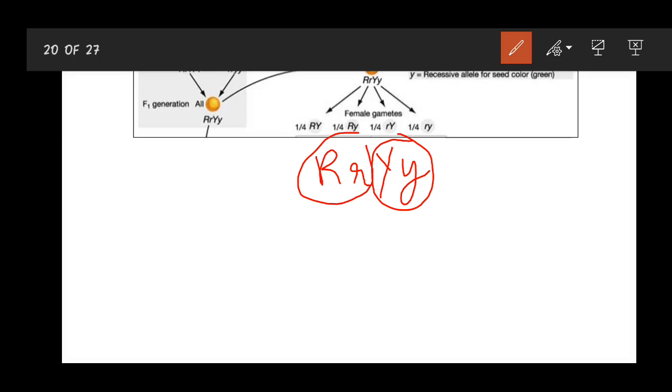We have 23 pairs of chromosomes, and that makes up 46, of which consider this is our first pair and this is our second pair, that is first chromosome and second chromosome. During gamete formation you should have the contribution of the first chromosome and the contribution of the second chromosome. Then only the gamete will be complete, otherwise it will be defective.